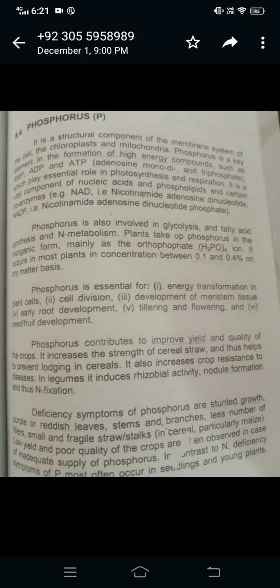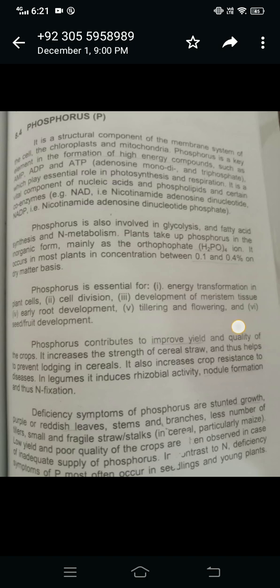Deficiency symptoms of phosphorus are stunted growth, purple or reddish leaves, stems and branches, fewer tillers, and small and fragile stalks in cereals, particularly maize.